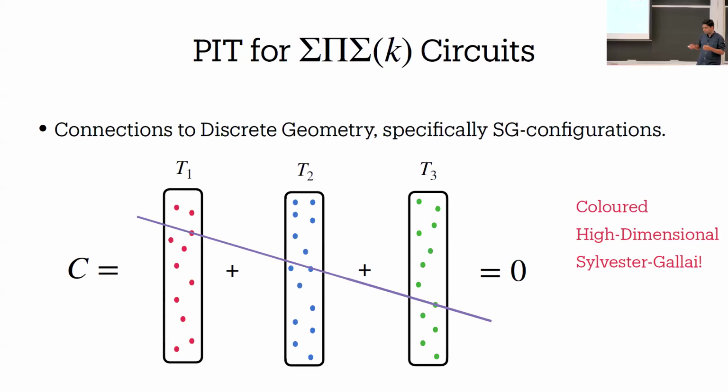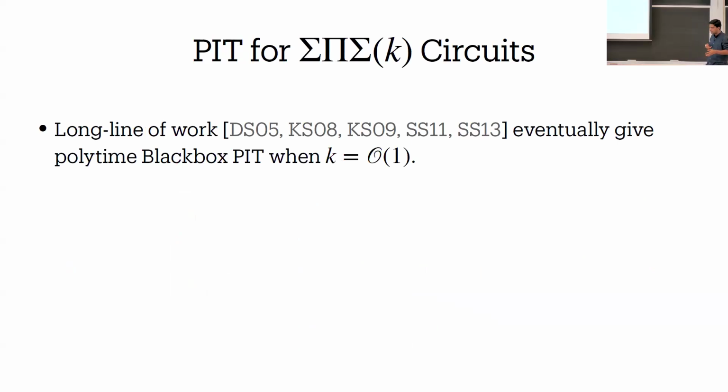This problem is known as the colored high dimensional Sylvester-Gallai problem and has been studied well enough. What they basically show is that if the set of points follows these restrictions, then they all usually lie in a small dimension space. Using these kinds of ideas, there was a long line of work which eventually gave black box polytime PIT algorithms when the top fan-in is constant.